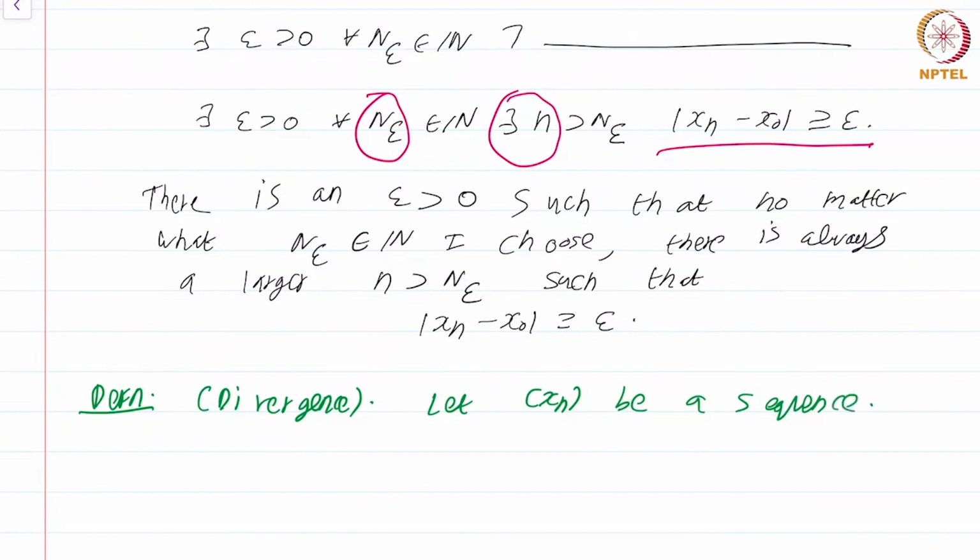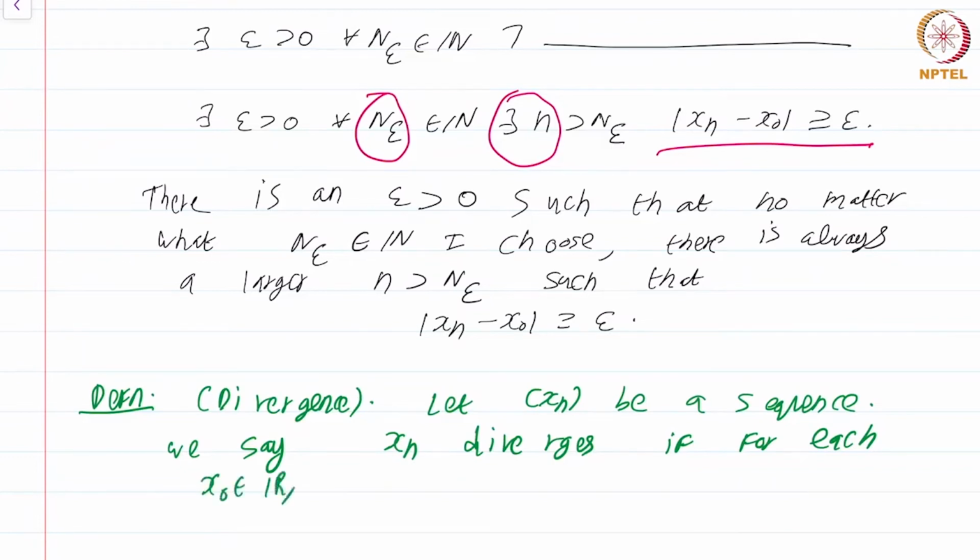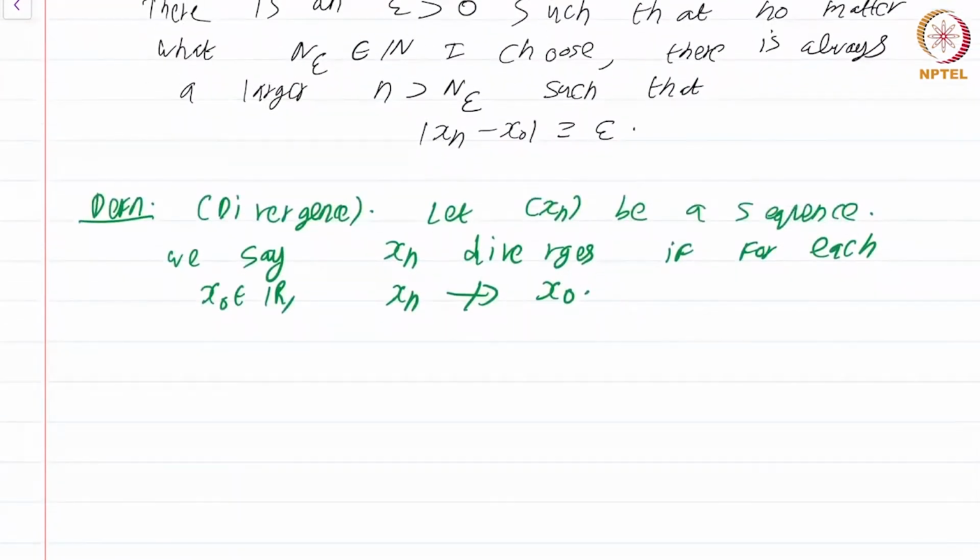We say x_n diverges if for each x naught in R, x_n does not converge to x naught. Okay. No matter what choice of x naught I choose, it is not the case that x_n converges to x naught. And I immediately give you an exercise.